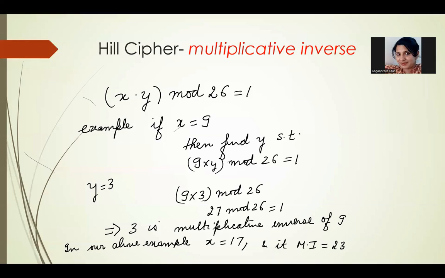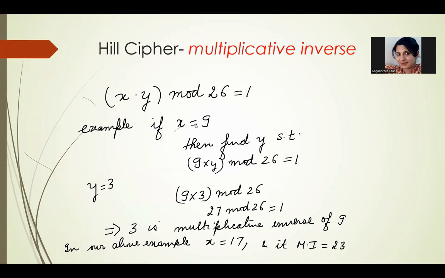So let's understand the multiplicative inverse. The multiplicative inverse with respect to a modulus is any number which, when multiplied with the number for which we are finding it, should give the modulus answer as 1. For example, we have two values x and y, and here our modulus of interest is 26.